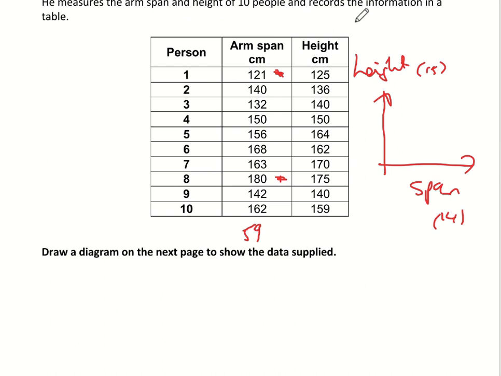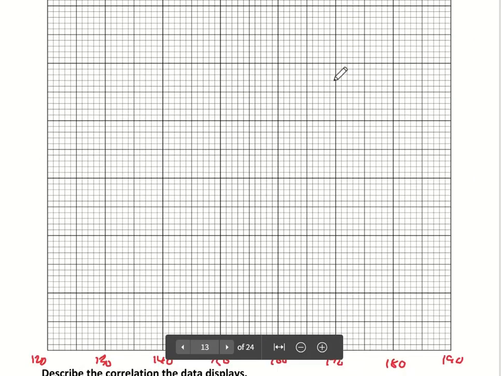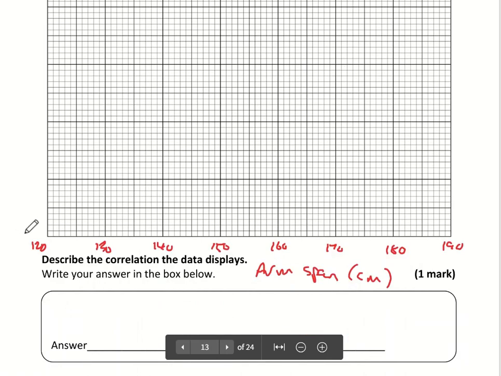Okay, so for the height, the minimum is anything smaller than 125, and the maximum anything bigger than 175. So that is 50. What's 50 divided by 15? That is 3.3. We're not going to go up in 3.3s per square, that would be crazy. So again, we'll go up in fives, starting on 120.